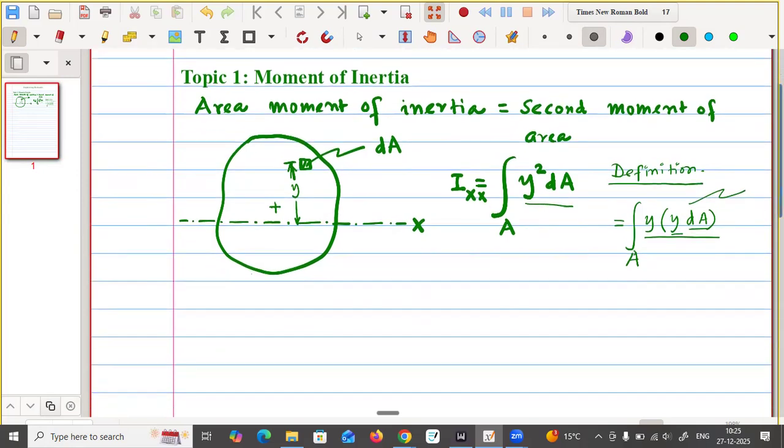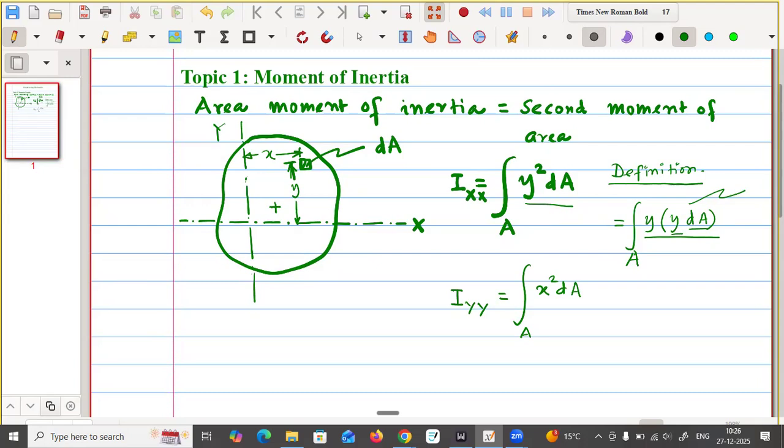Again, if you have some other axis like this, so this is the y axis. The distance of this element from it is x, and we can write the integral of x square dA over this area. So that is the definition.